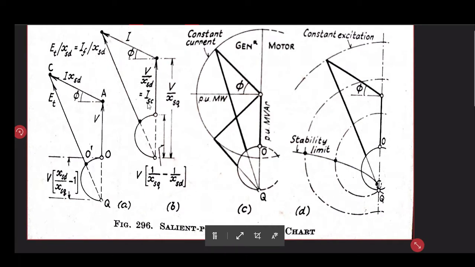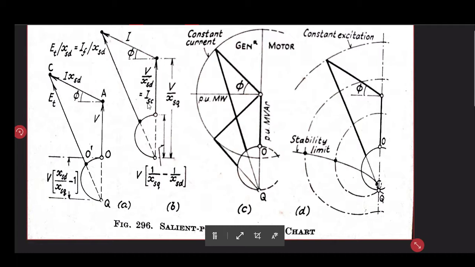What is Xsd? Xsd is the direct axis synchronous armature reactance. Sometimes we might refer to it as Xad also. It's not a big deal. What we have done is divide everything by Xsd.